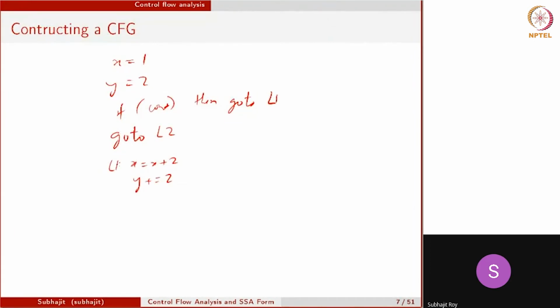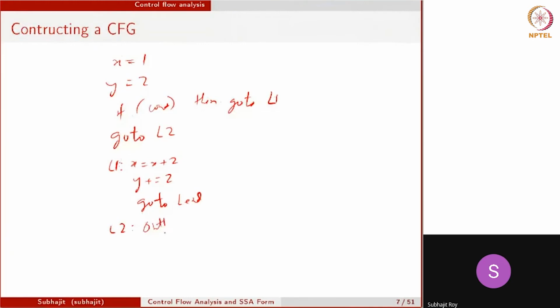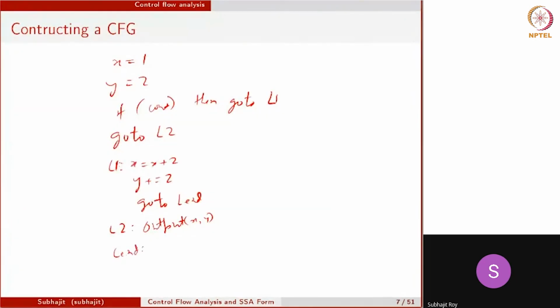Then you have go to L end, then you have L2. L2 has output x y. Then we have L end as a return statement. So let us say this is the control flow graph.